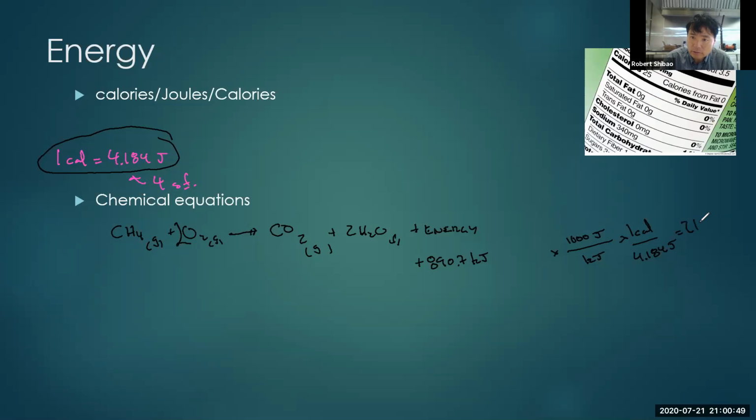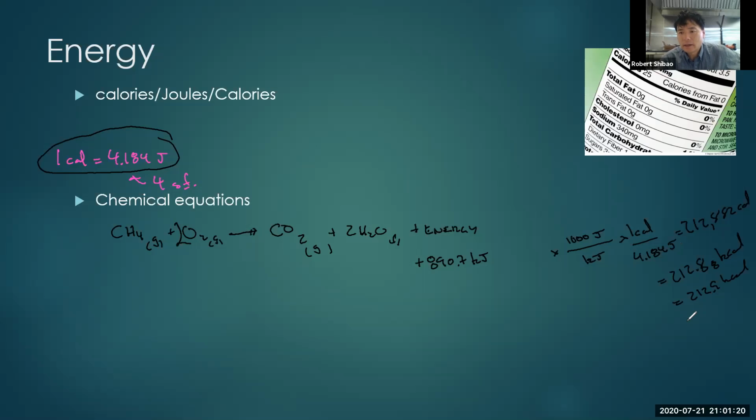212,882 calories. Or 212.8. How many sig figs am I allowed? 4.88 kilocalories, which is going to equal 212.9 kilocalories.